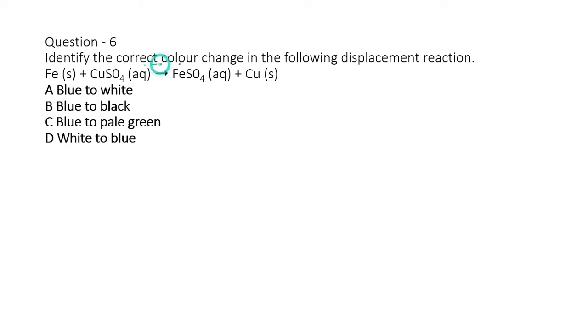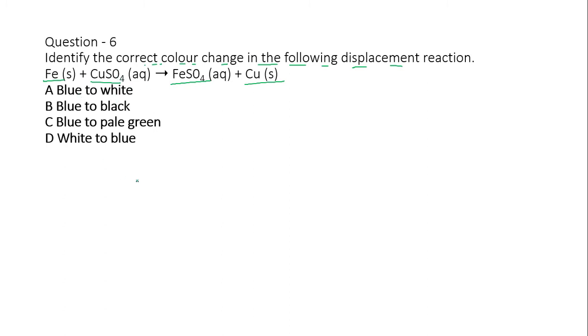Identify the correct color change in the following displacement reaction. So we have been provided with a displacement reaction, that is Fe when reacts with CuSO4, it provides FeSO4 and Cu. Now the question is what color change has occurred over here.